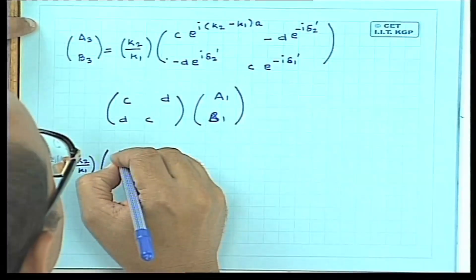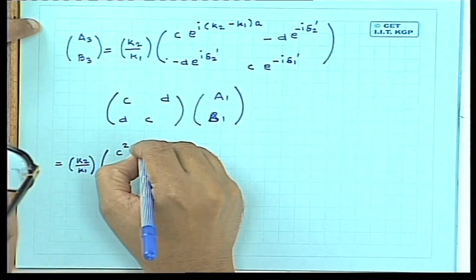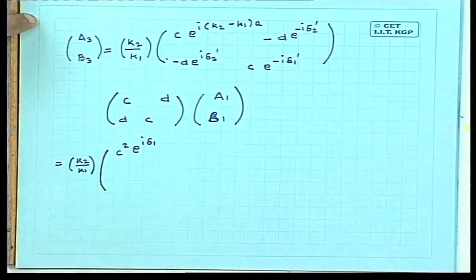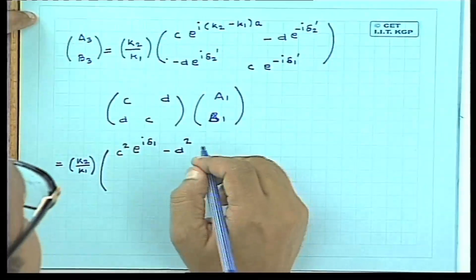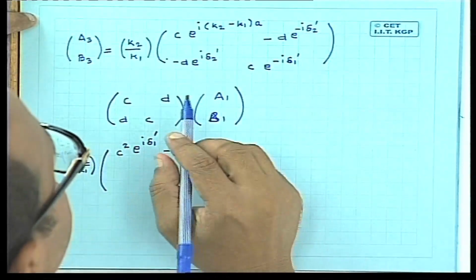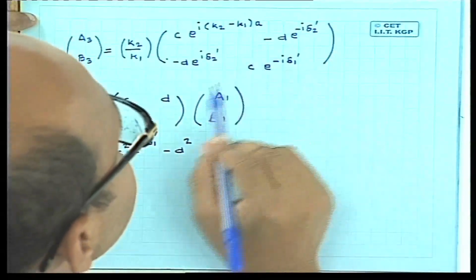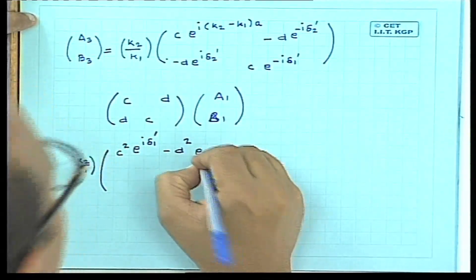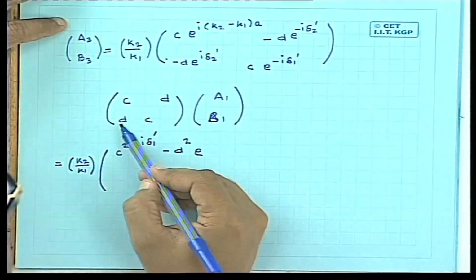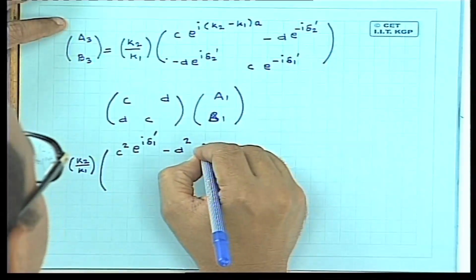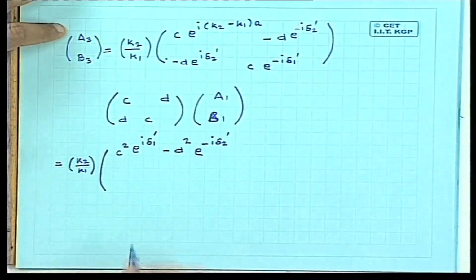So this gives us C squared, and I have e to the power i delta 1 prime minus D squared e to the power minus i delta 2 prime. So I am multiplying this with this, and then this with this, which gives us minus D squared e to the power minus i delta 2 prime. So this is the first term.